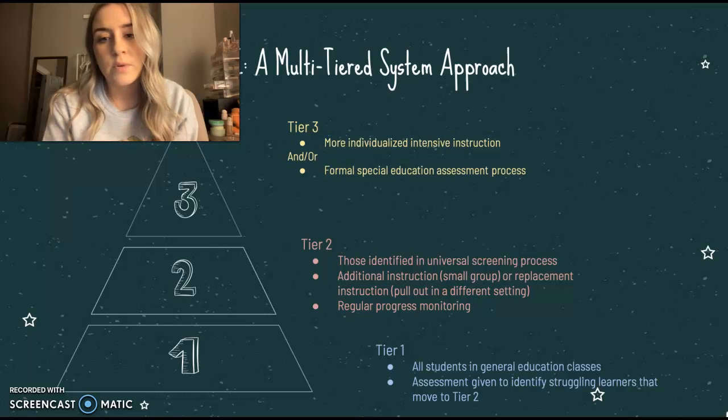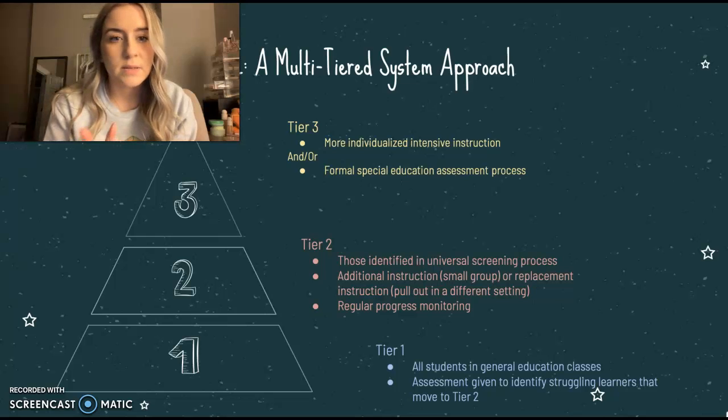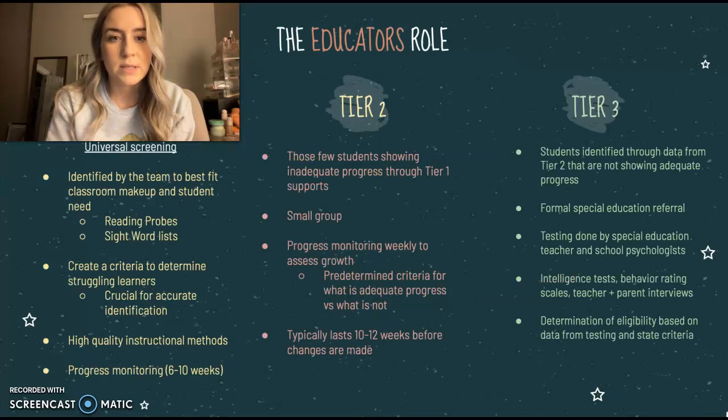Tier 2, again, would be those identified through that universal screening process, where there would be some additional instruction, whether that be a small group in addition to those Tier 1 supports, depending on the levels of what you're assessing, or a replacement pull-out setting where students are receiving more intervention. Tier 3, again, would be more intense instruction, followed by a formal special education process.